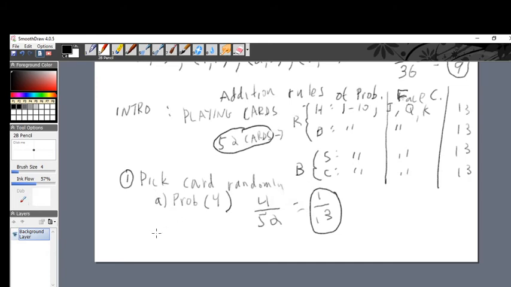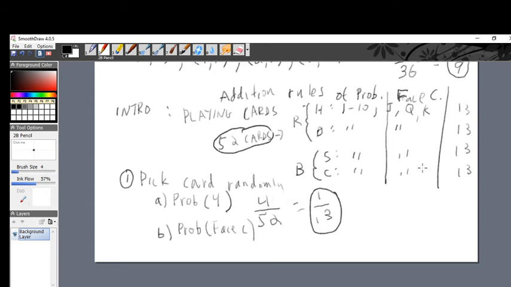Okay, problem 1B. What's the probability of getting a face card? How many face cards are there in the deck? There are 3 of the hearts, 3 of the diamonds, 3 of the spades, and 3 of the clubs.